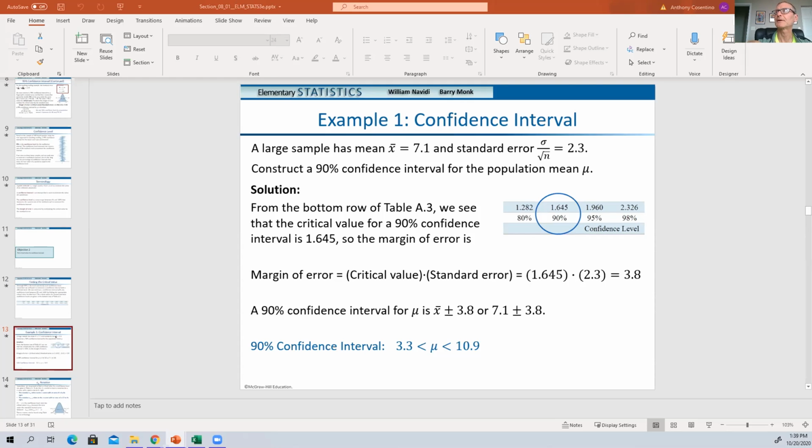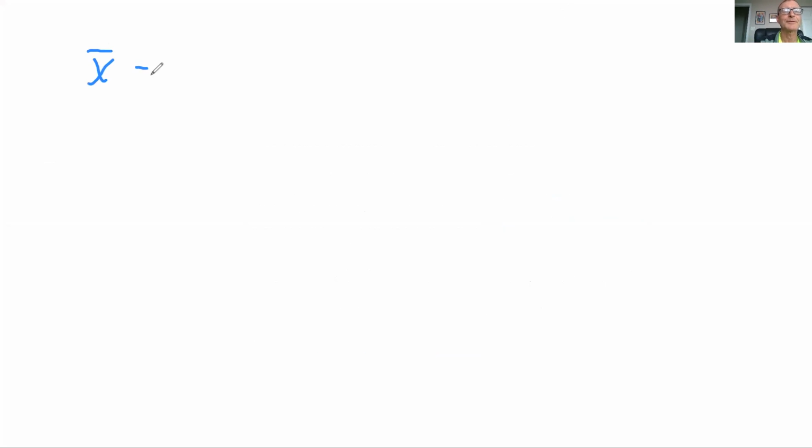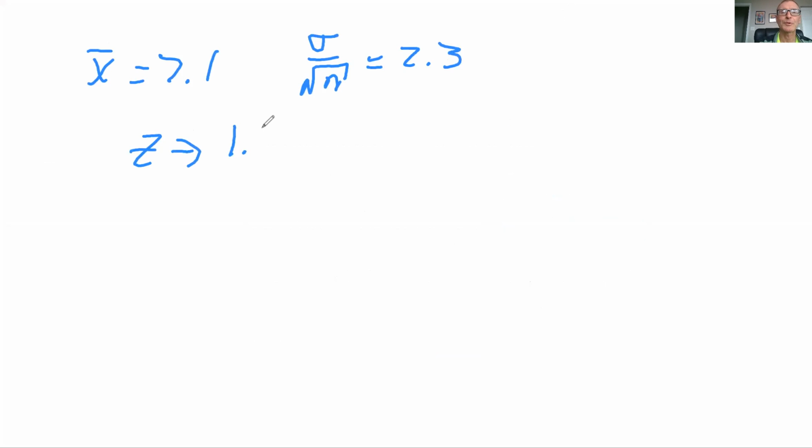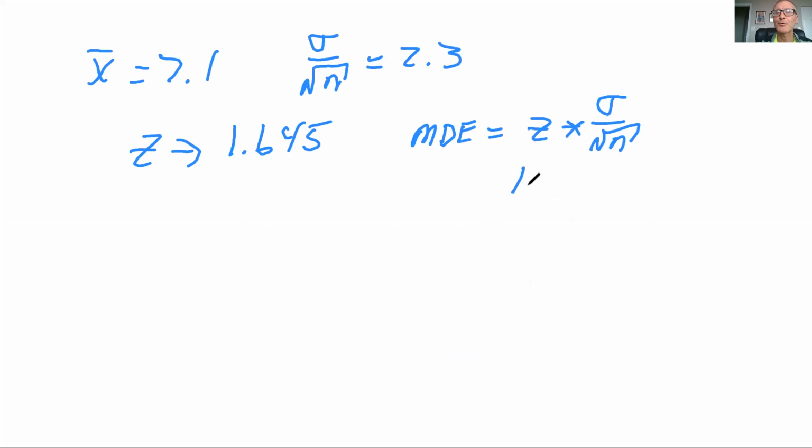So our z-score for 90% confidence is 1.645. Our margin of error, again, is our z-score times our central limit theorem standard deviation. So that would be 1.645 times 2.3, and you would get 3.8.